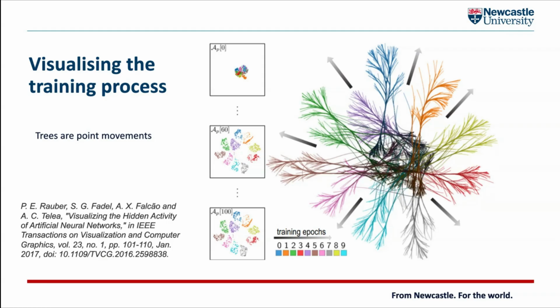So in this case, we aren't visualizing the data itself, we're visualizing the activations of a hidden layer. And as we visualize the activations of this hidden layer, as the network at the beginning cannot separate out the points when it's not trained very well, it's a jumbled mess at the center.